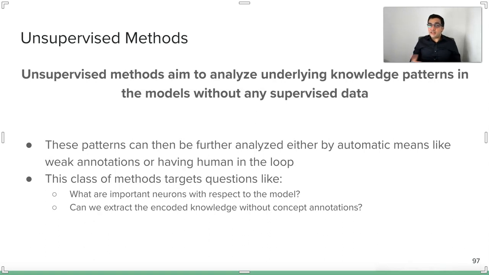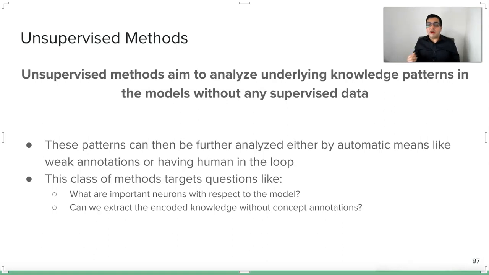These underlying patterns may not always correspond to human understandable concepts, but researchers have found some success in discovering meaningful neurons. One important thing to remember is that because the concepts are extracted without any ground truth labels, one usually needs to further analyze them either by having a human in the loop or by using some weak supervision to automatically assign each of those patterns some human understandable meaning.